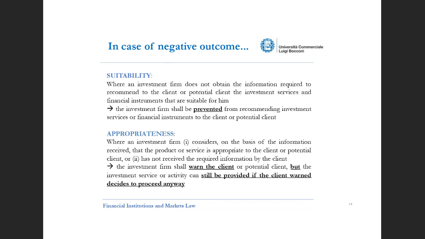He would get a warning with which the firm would tell him, beware, this transaction is not appropriate, but the client may nonetheless decide to proceed. So he is in a position where he might confirm that he wants to go ahead, and at that point the transaction would be executed. So suitability is blocking in case of negative outcome. Appropriateness is not blocking if you get a negative outcome.